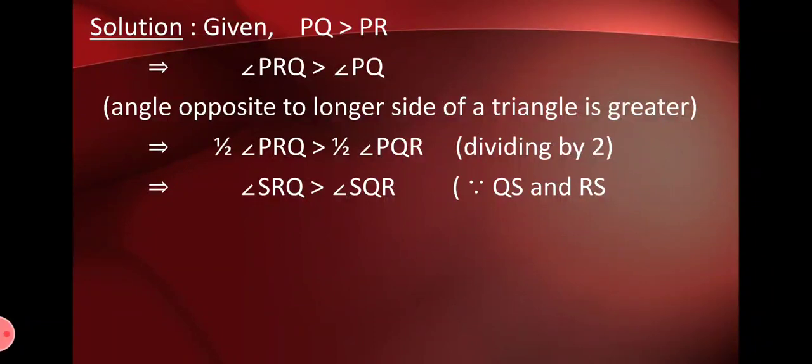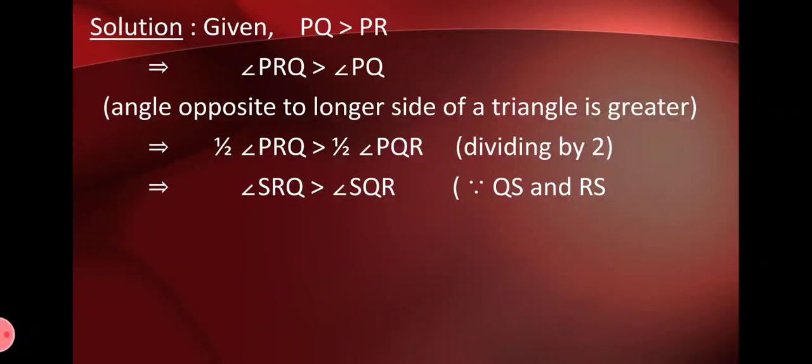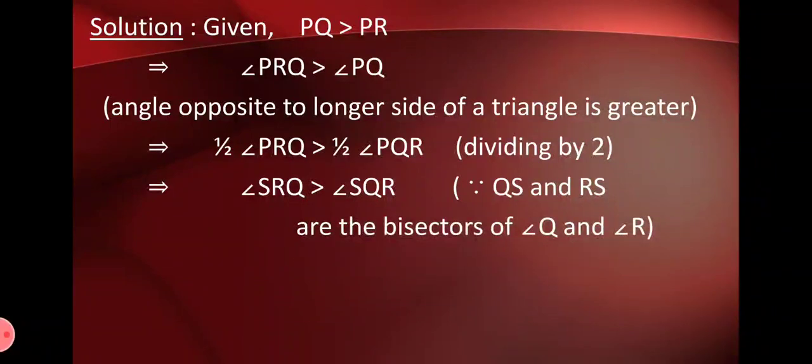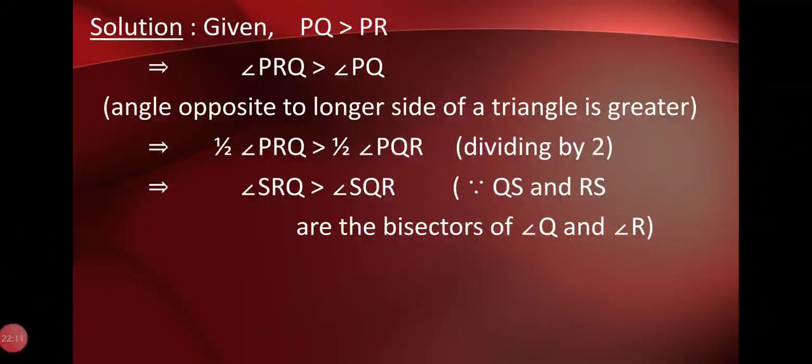As we know, QS and RS are the bisectors of angle Q and angle R. Therefore, half of angle PRQ will be angle SRQ and half of angle PQR will be SQR.